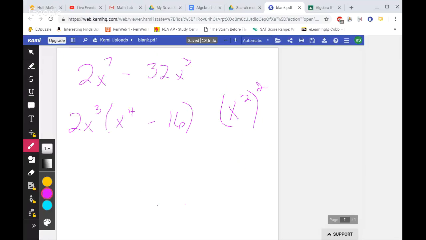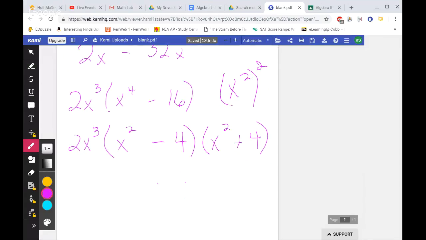Okay. So this is going to be 2x to the third, x squared, plus 4, parentheses x squared plus 4.